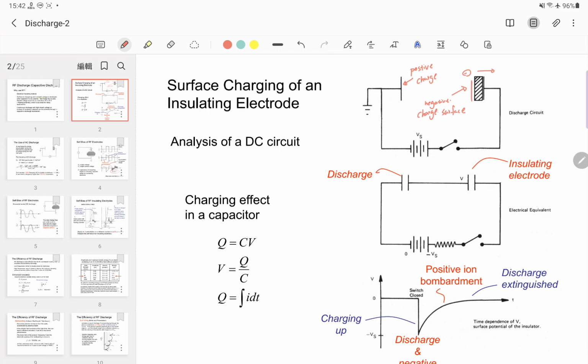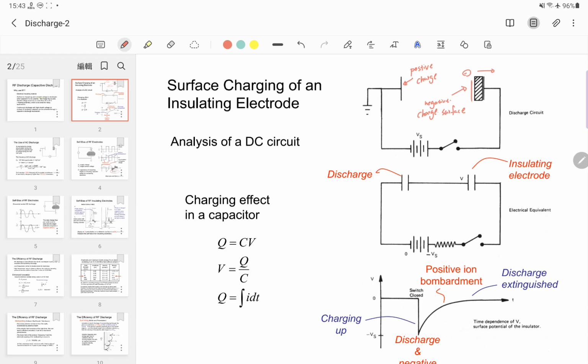the right side is the cathode, and the surface of the insulator becomes negatively charged. The other side is the grounded anode, so if the potential difference is high enough, plasma will be generated between the grounded anode and the charged insulating surface.